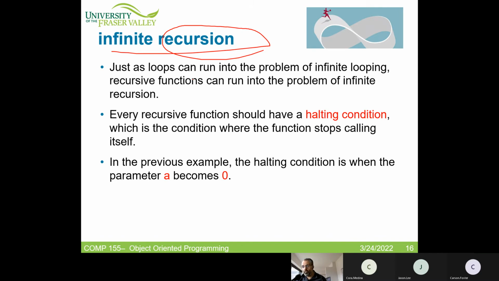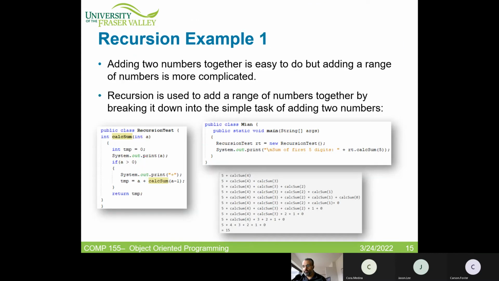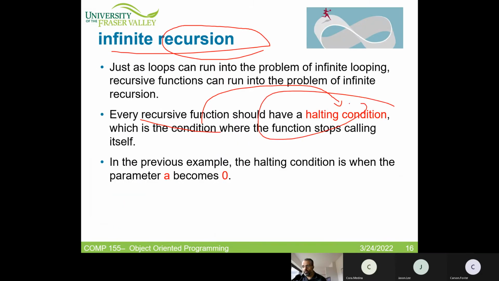So whenever you think about a recursive function, you should think about a halting condition, when it will be stopped. Like here, since I take A, it will stop from 0 to A. This is why I have this condition here, where I stop the method from calling itself. So it is a must to have a halting condition in order to avoid infinite recursion.